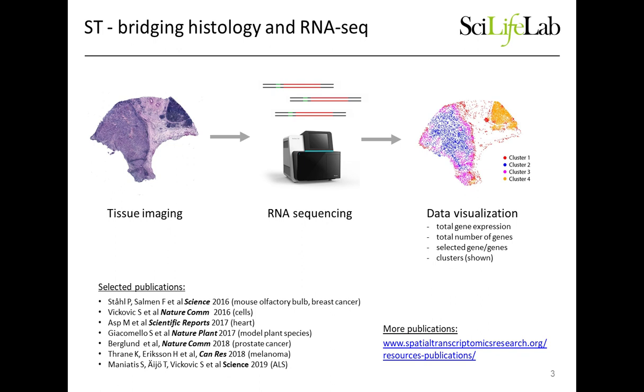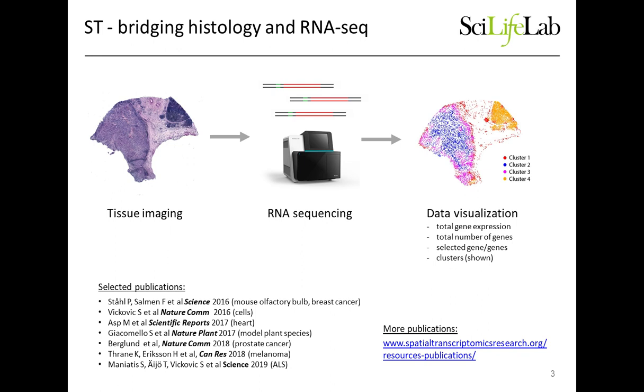The basic idea of spatial transcriptomics was to bridge histology and RNA sequencing by providing a histology image as well as large-scale gene expression data from a tissue section. Very simplified, the workflow is to stain and image the tissue, construct a sequencing library from mRNA captured from that same tissue section, and then visualize the gene expression with spatial context.